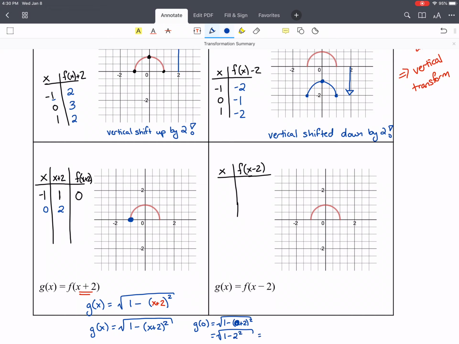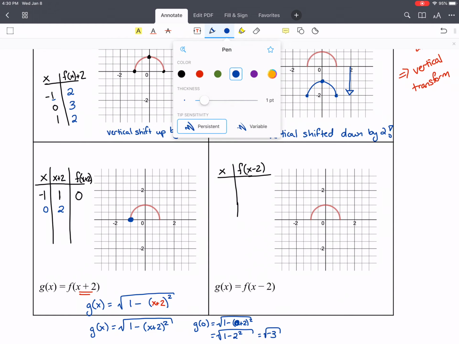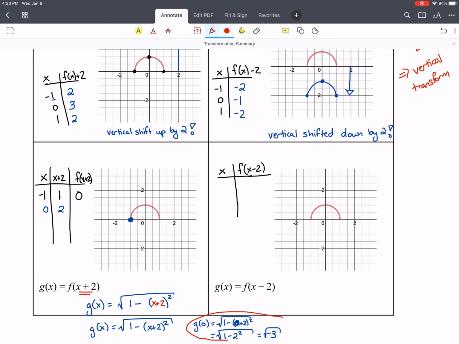So I get an imaginary number, a negative 3 under the square root. So I need to pick inputs that actually give me real number outputs to be able to graph this on a real number graph.